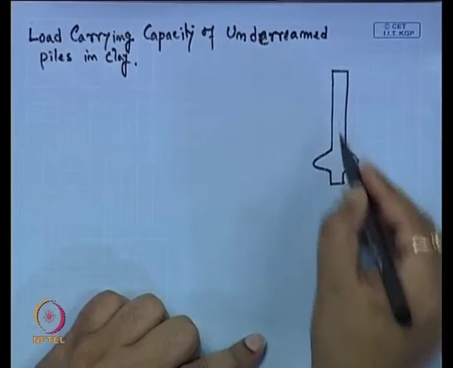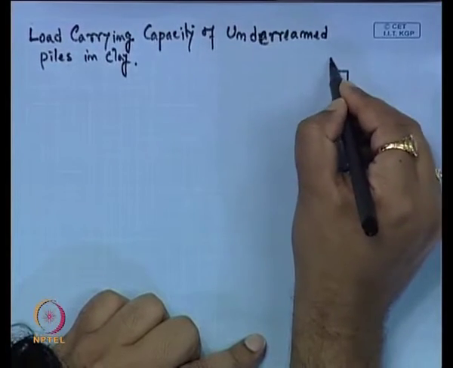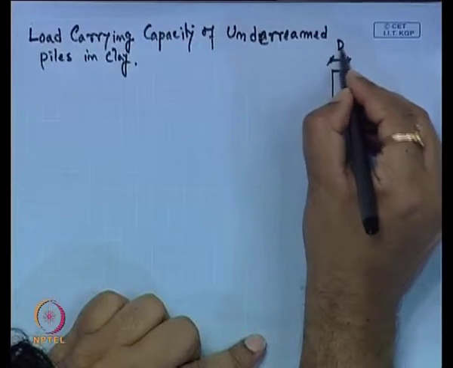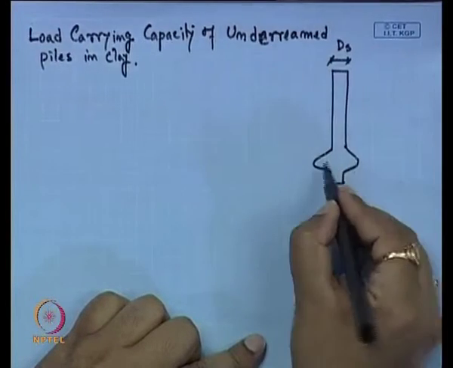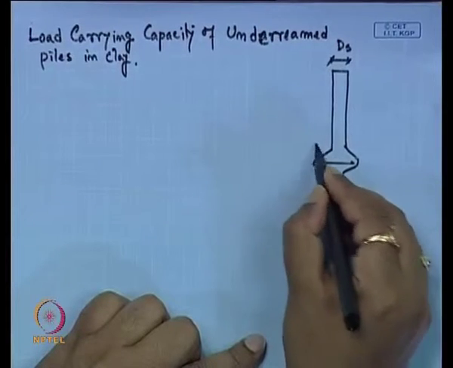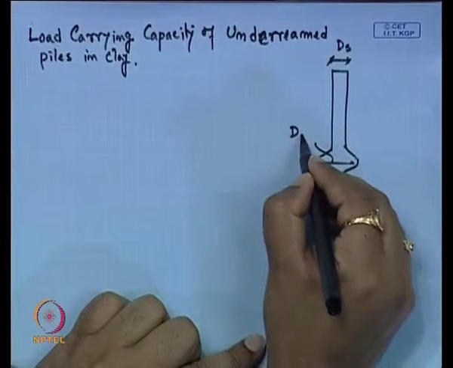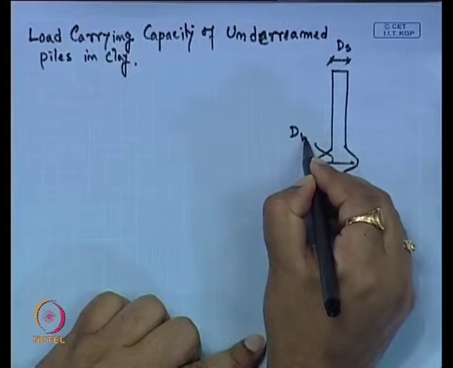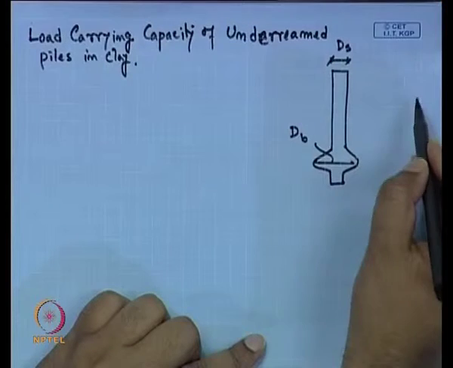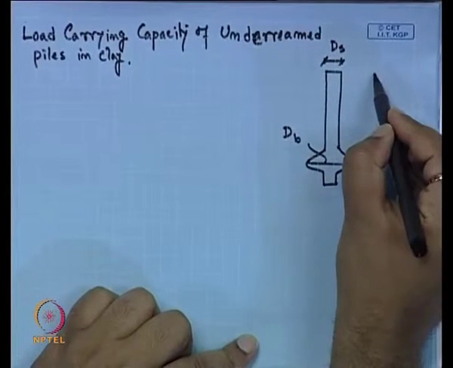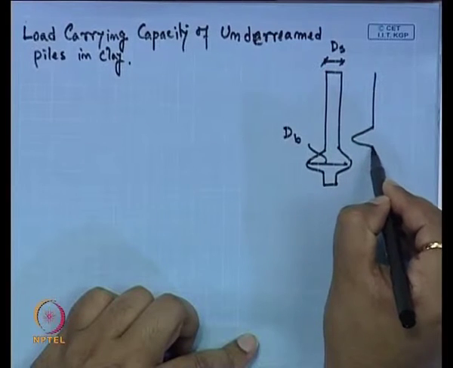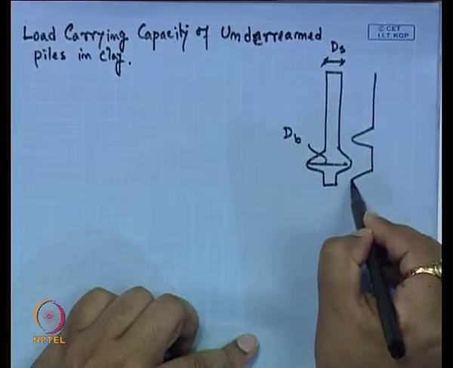So, this is the bulb with a different diameter. Suppose this is the diameter of the shaft, and this is the diameter of the bulb. Similarly, this is a single bulb. There can be two bulbs also.